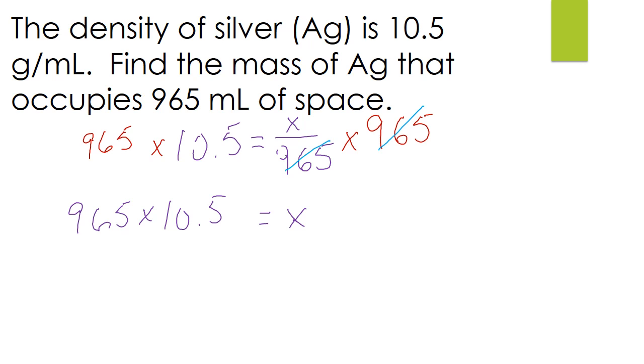I'm going to move things around here, but I'll get X equals 10132.5. And I need a unit. So I was solving for mass. I have to be in grams. So don't forget to include that.